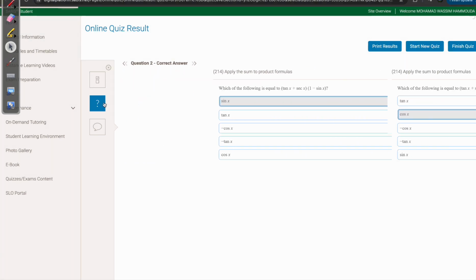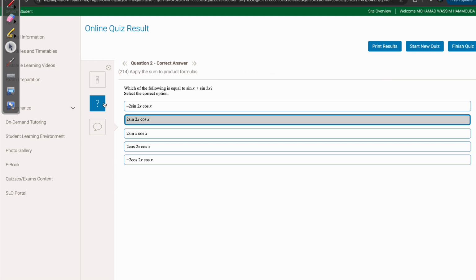Number 2. Which of the following is equal to sine x plus sine 3x? Now, for this one, we have a rule that we started taking recently, which is from sum to product.